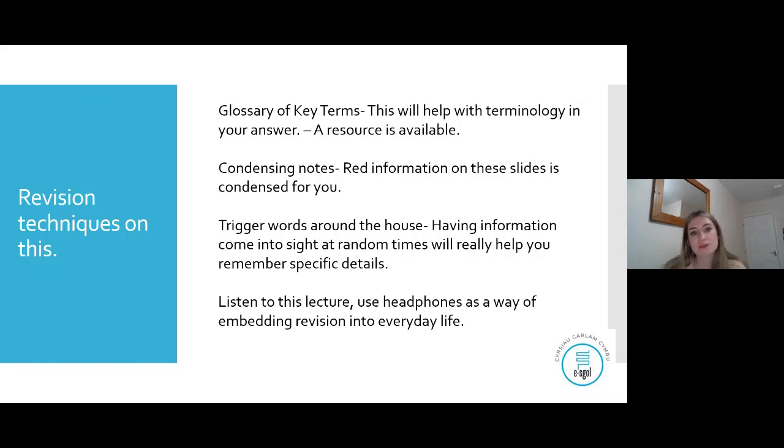The first thing that I would create is a glossary of key terms. Go through your notes and write down all of the terminology that you need to know. It will help with terminology in your answer. Okay, we know terminology, depth and range are what get you those higher marks. So go through your notes. So we know it's Albert.